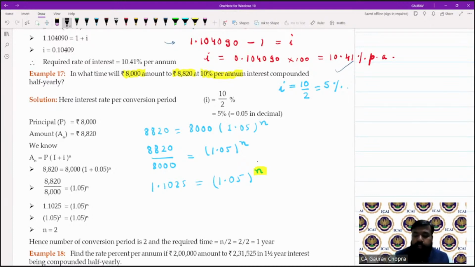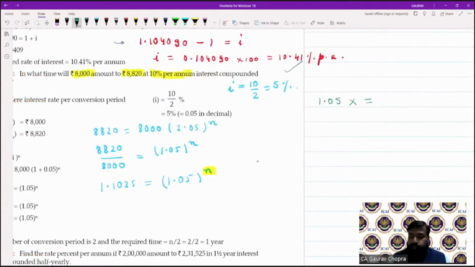Like say option A is 1, B is 2, 3, 4 and so on. So you can try those options, or you can try it directly on the calculator. Type 1.05 on the calculator, press multiply and equal to. This will be the square. Check whether you are getting this value on square, on cube, on power 4.